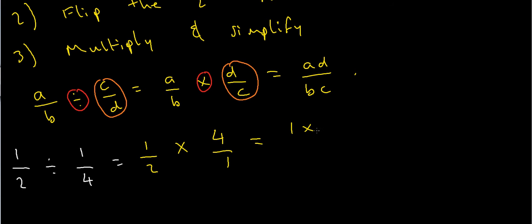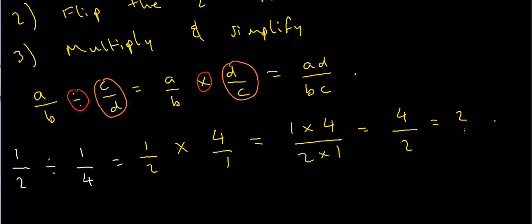Then we divide that by the product of the numbers on the bottom, the denominators, so that's 2 and 1. 1 times 4 is just 4, divided by 2 times 1, which is just 2. And 4 divided by 2 is just 2.